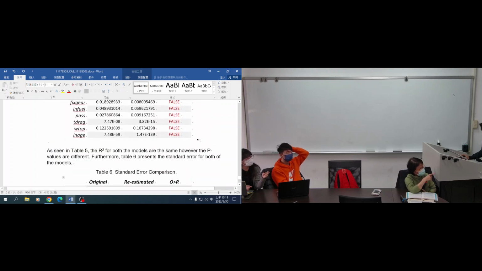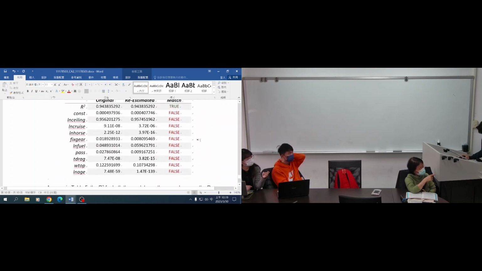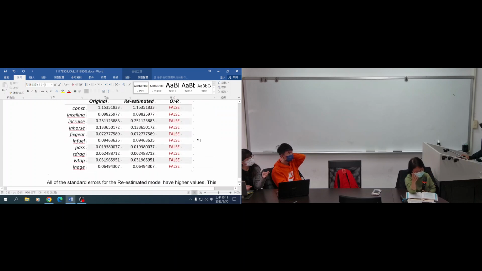Some of the coefficients should be negative, but what you show here, everything is positive. But maybe originally, if we do the OLS estimation, some of them are negative.